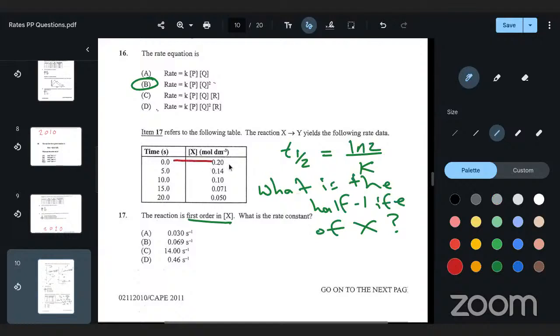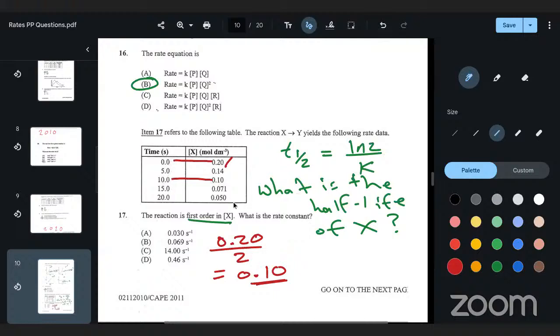And if you look down to time equals 10 seconds, the concentration had halved to 0.1. So 0.2 divided by 2 is 0.1. So when it became 0.1, it was now 10 seconds, right? So from 0 to 10, that's 10 seconds.